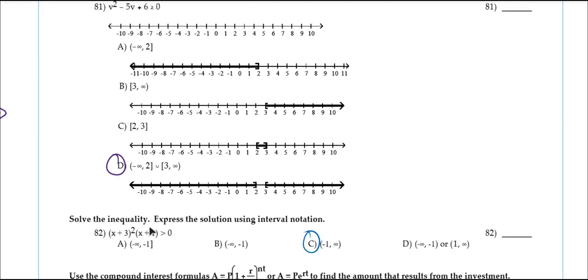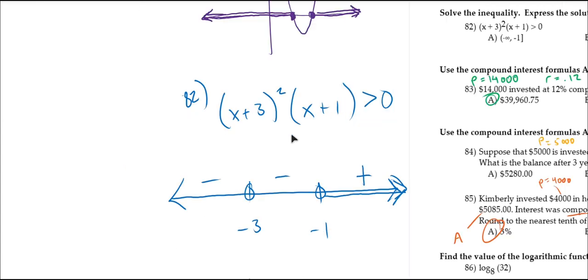82 asks for something very similar, but now they've even given it to us in a factored form with these multiplicities listed. So we notice that we have these two critical values where we could possibly change sign, -3 and -1, which we want to put on the number line like this. Now notice if x is larger than -1, both these terms will be positive, and so this will be overall positive.